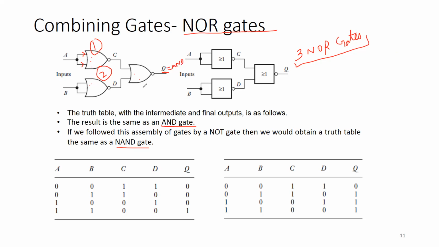And if you put इस AND gate के आगे एक NOT gate, then the output will be a NAND gate.